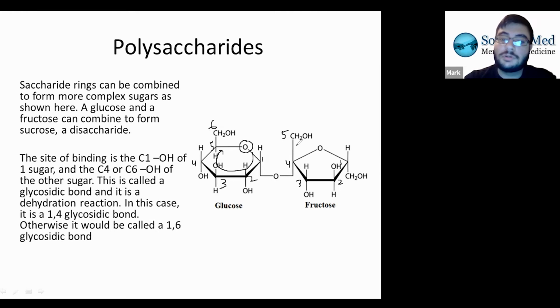So when you're doing glucose with something like fructose, it's a 5-membered ring, so it has to be a 1,4 glycosidic bond, but there are some cases where you'll make 1,6 glycosidic bonds, and just know that they exist. I don't think you really have to go too in depth into the differences between them, like the real details. But do know there are 1,6 and 1,4.